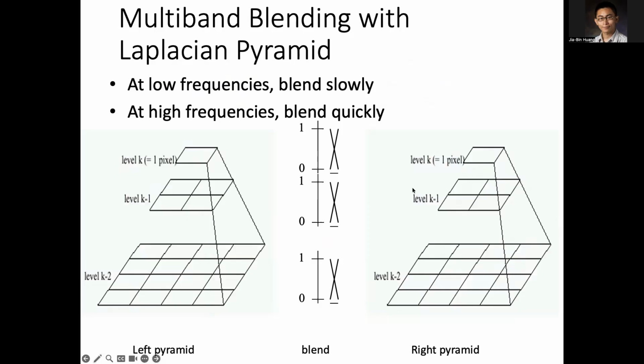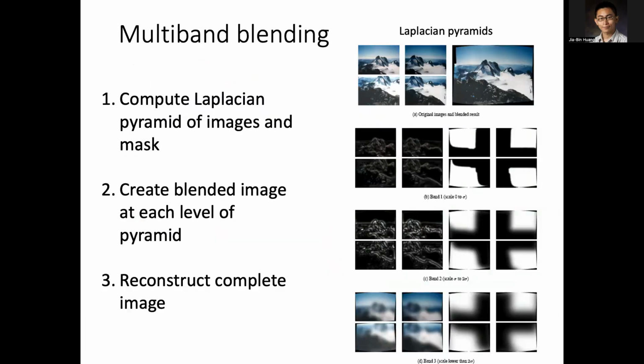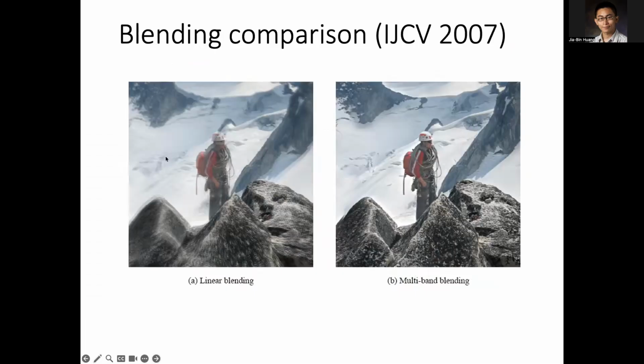That's why in the low frequency domain you don't feel any sharp changes, and in the high frequency domain you get sharp changes so that you don't have ghosting artifacts. The end result is like this. If you linearly blend everything, it'll give you something like this. If you decompose into frequency domains and use Laplacian blending, you get something like this.